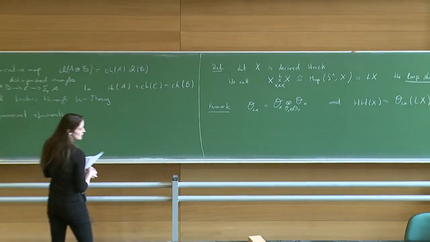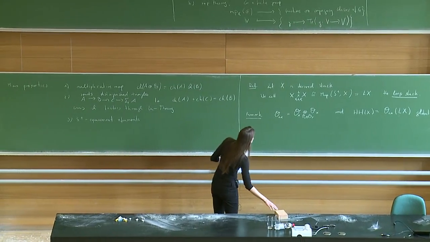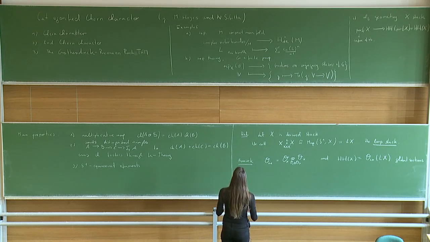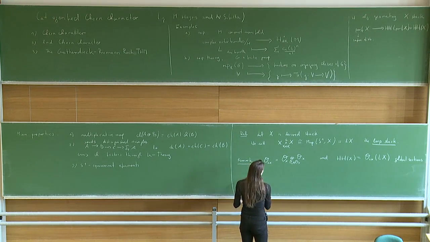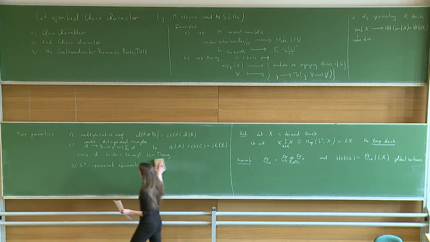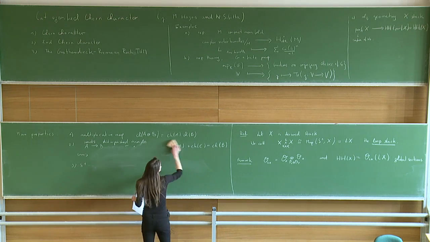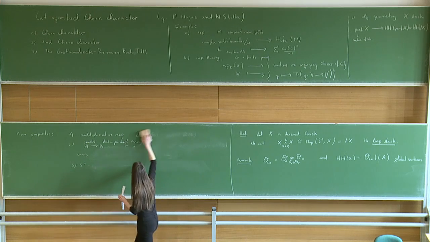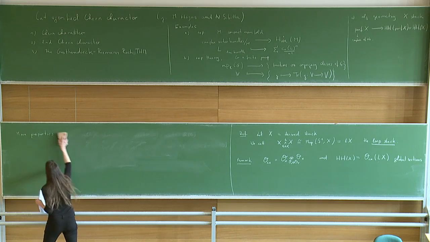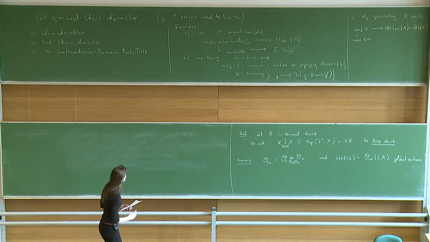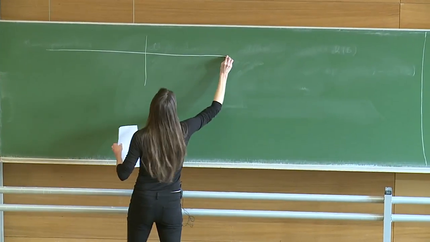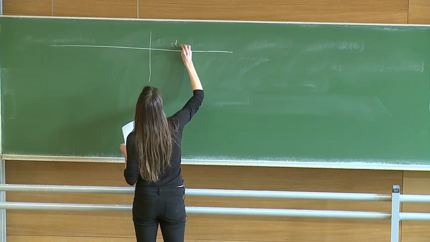Okay, so let me draw a table comparing what we have on the categorified and on the non-categorified side. Let me call this here classical.